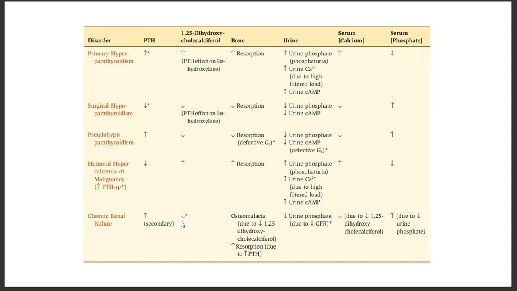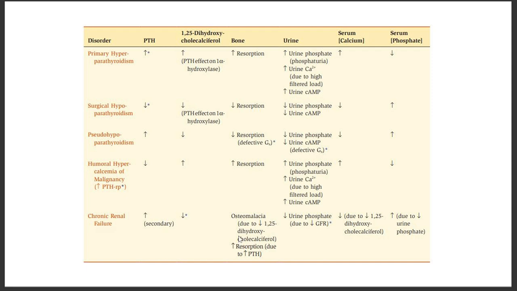But then there's a problem with the kidney, which is supposed to produce 1,25 dihydroxycholecalciferol. So this is going to be low. And because of this 1,25 dihydroxycholecalciferol being low, there's also going to be osteomalacia.